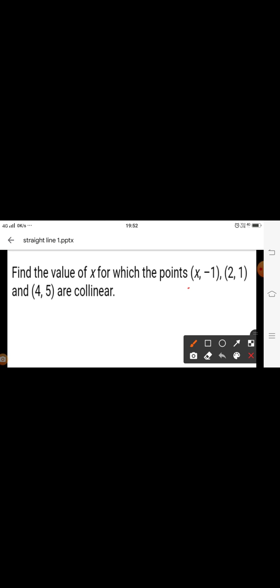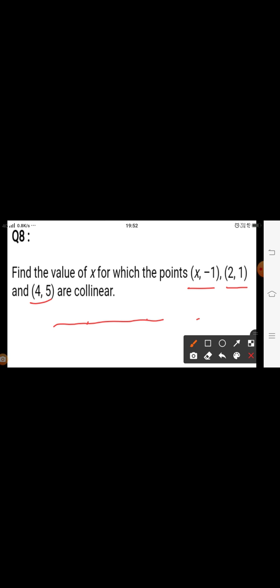Here I am solving the 8th question. Question number 8: find the value of x for which the points (x, -1), (2, 1) and (4, 5) are collinear, meaning they lie on a straight line.